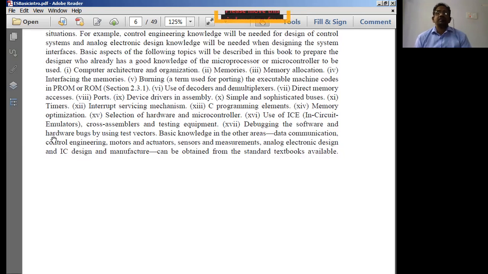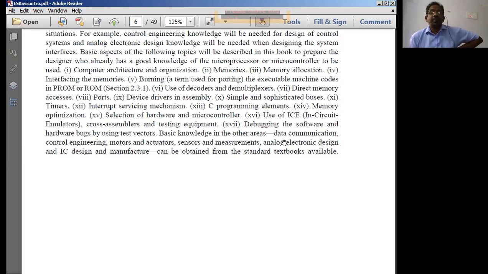There will be some errors in the hardware and in the software that have to be tested compulsorily before you release the embedded system onto the market. So all these things are necessary: cross assemblers, testing equipment, debugging software and hardware bugs using test vectors.